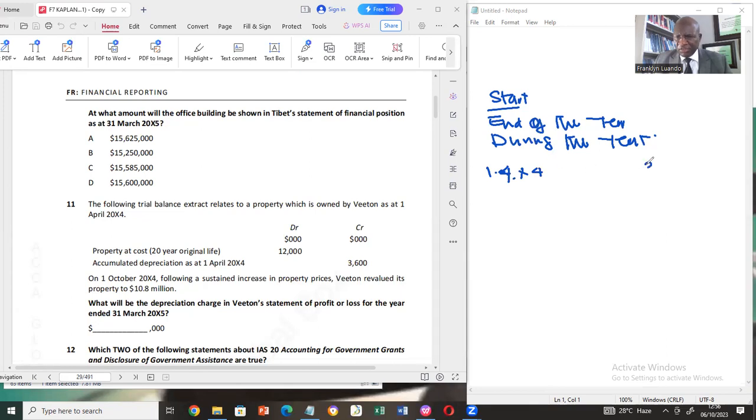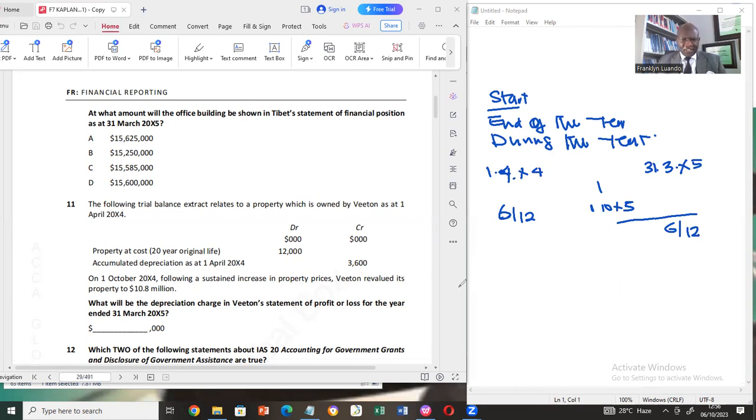The year ends on 31st March X5. On 1 October X4, the revaluation took place. So this side it is 6 months, and equally this side will be 6 months, over 12.